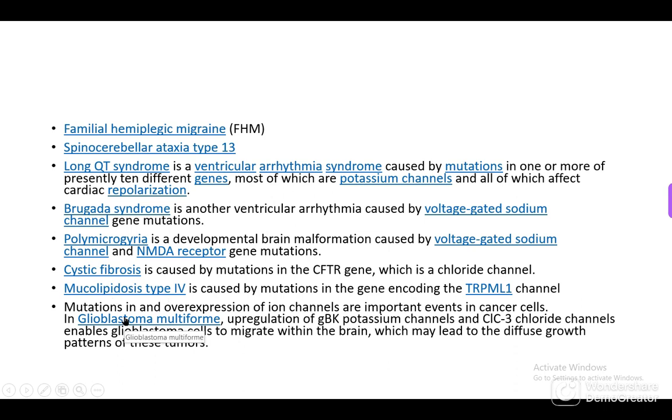And mutations are seen in tumors, for example glioblastoma multiforme, a grade 3 or grade 4 astrocytoma. Upregulation of the potassium channels and chloride channels enables the glioblastoma cell to migrate inside the brain. It leads to a diffuse growth pattern, and the brain is compressed very badly. These are dependent upon the ion channels.